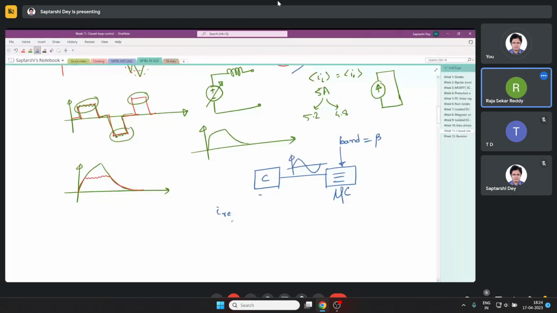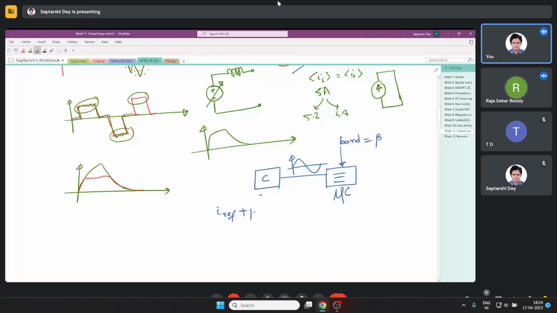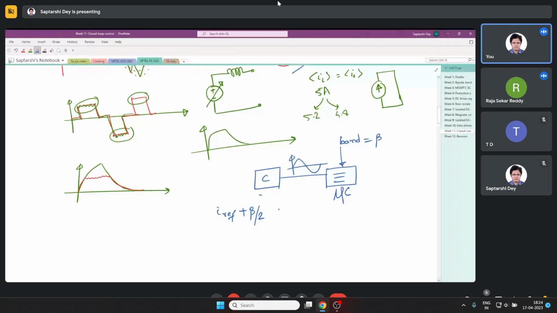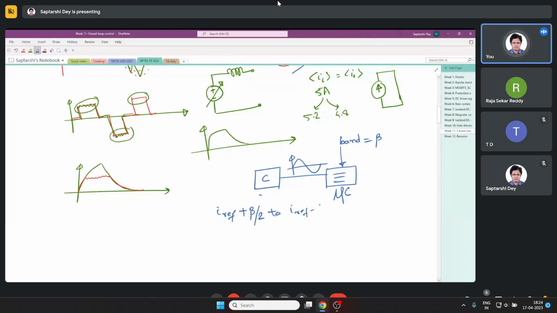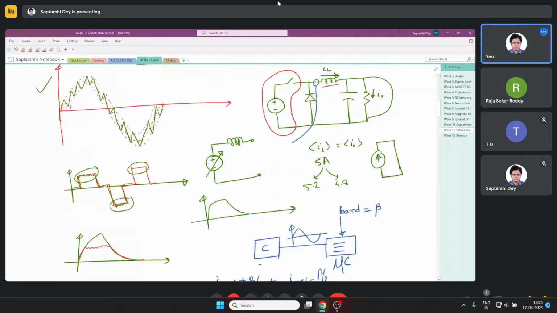So you write the hysteresis control loop such that your current is always between Iref plus beta by 2 and Iref minus beta by 2. It will make sure that the current is inside this band like this. The narrower this band, as you can understand, the better you can track the sinusoidal reference.